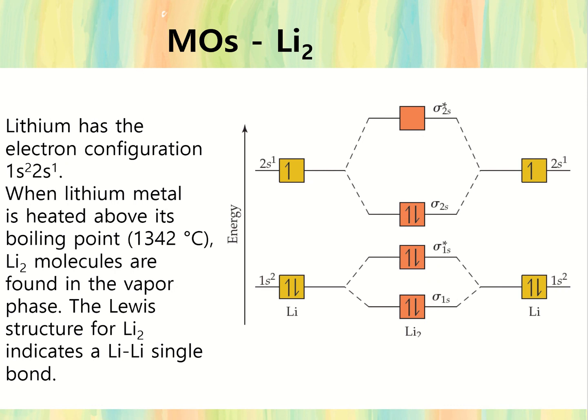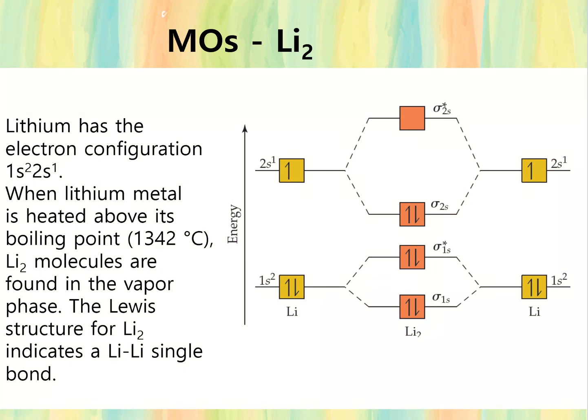So 3 electrons. When lithium metal is heated above its boiling point, which is very high, 1342 degrees Celsius, Li2 molecules are found in the vapor phase. And so the Lewis structure for Li2 indicates a lithium-lithium single bond.